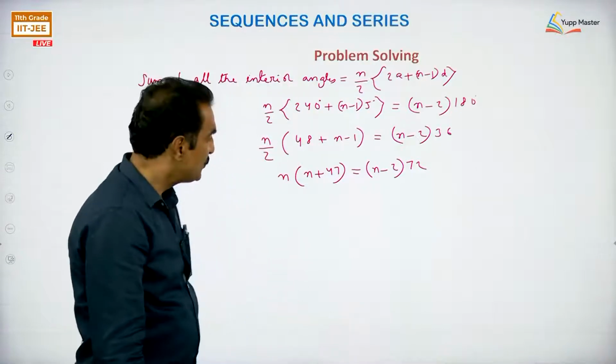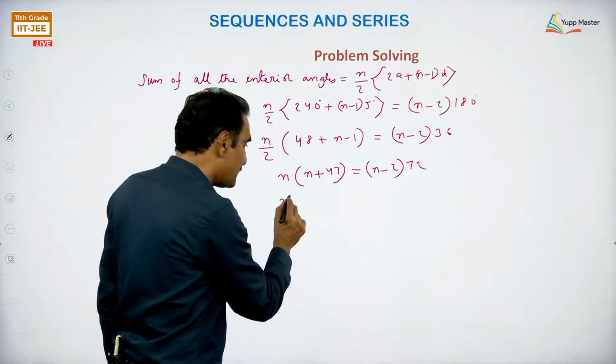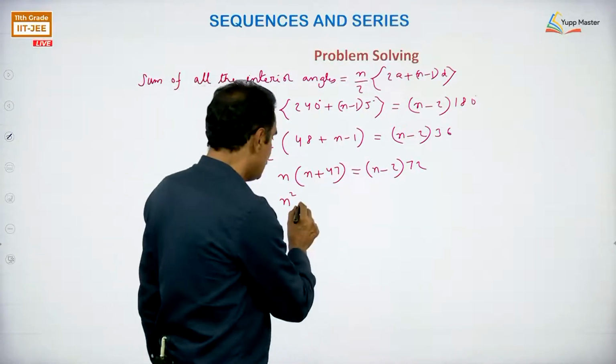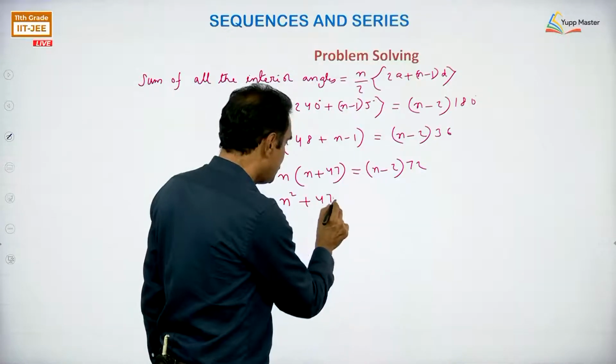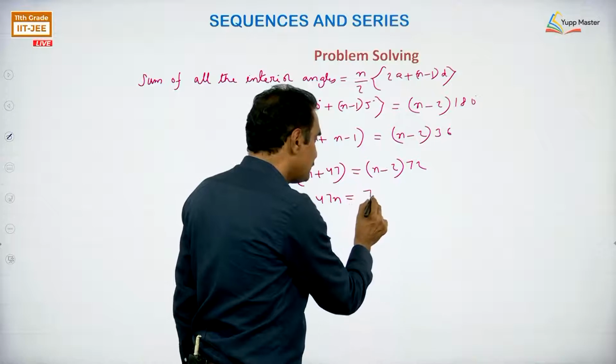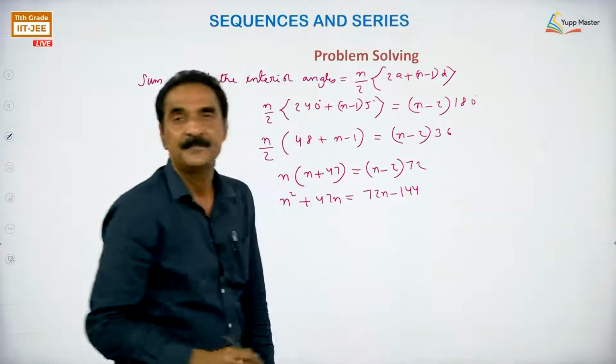Now, you are going to get a quadratic equation in n. n into n square, n into 47, 47n is equal to 72n minus 144. Alright.